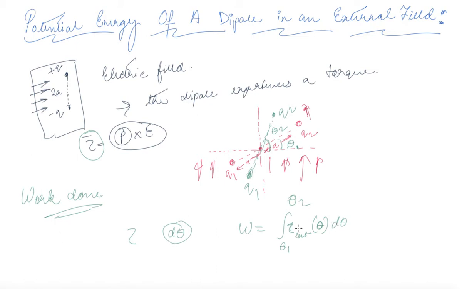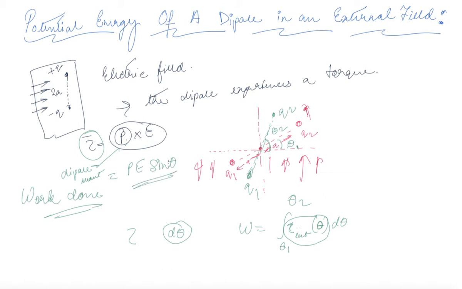Now tau is nothing but PE sin theta, a function of theta. What was tau? Tau was P cross E, where P is the dipole moment, and this is a cross product, therefore PE sine of theta.